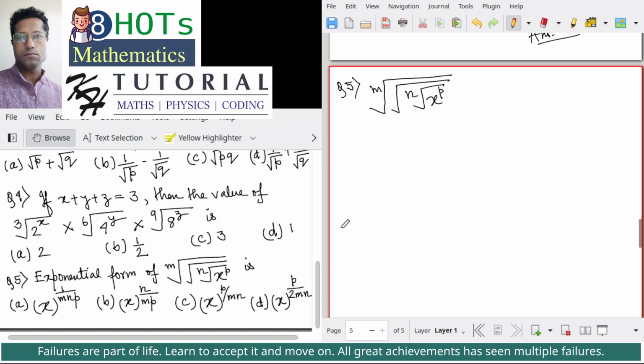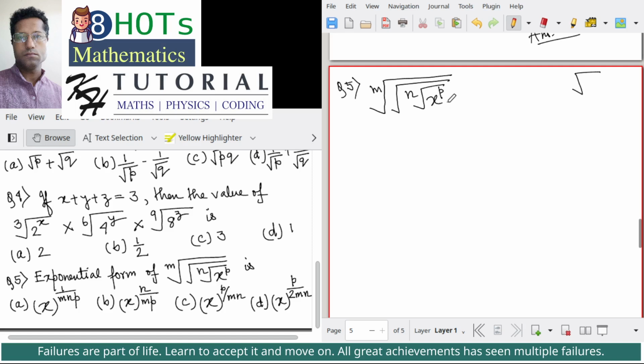That is, let's simplify the expressions starting from the innermost roots, that is this symbol, moving outwards. The expression inside the innermost root is x to the power p.